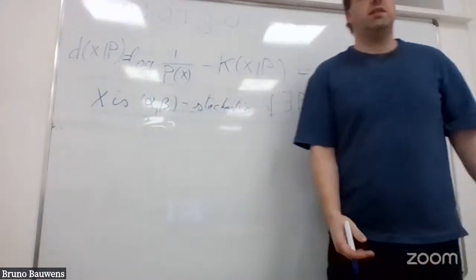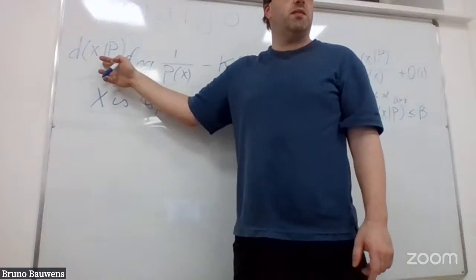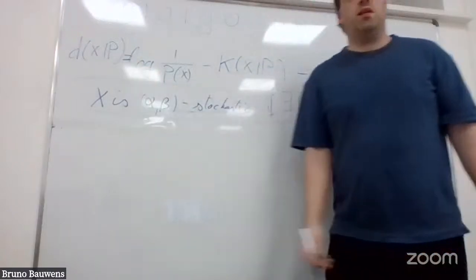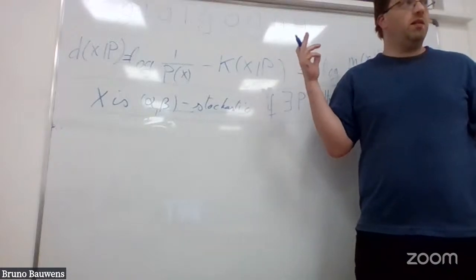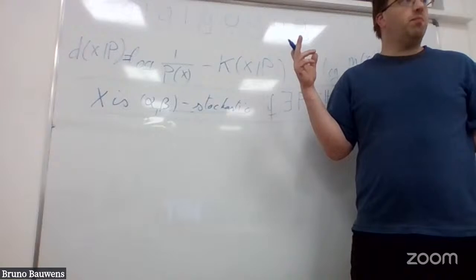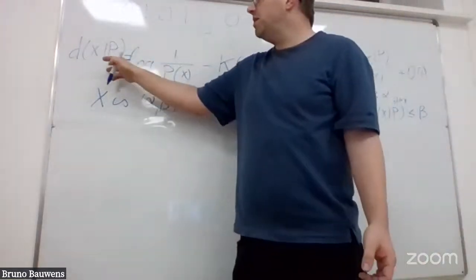My claim is that we can view deficiency as a kind of statistical test. The probability that deficiency is bigger than some value d is bounded by 2 to the power minus d when we generate x from measure P.